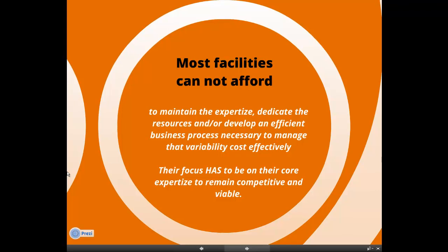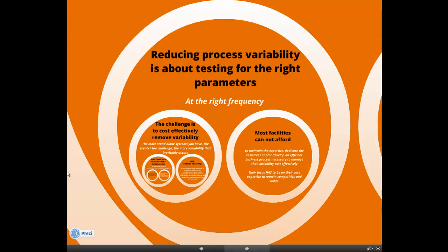Process control is essential. And reducing process variability and maintaining process control is really about testing for the right parameters at the right frequency. It's knowing what to look for over time and ensuring that those tests get consistently done, that they're consistently looked at, that you're taking timely corrective actions consistently.